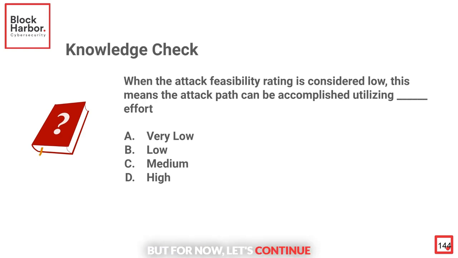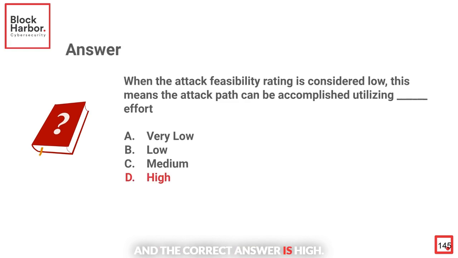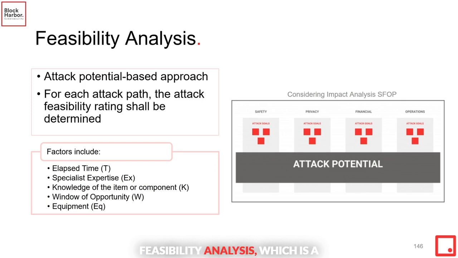But for now, let's continue to check the correct answer. And the correct answer is high. So once again, when the attack feasibility rating is considered low, this means the attack path can be accomplished utilizing high effort.